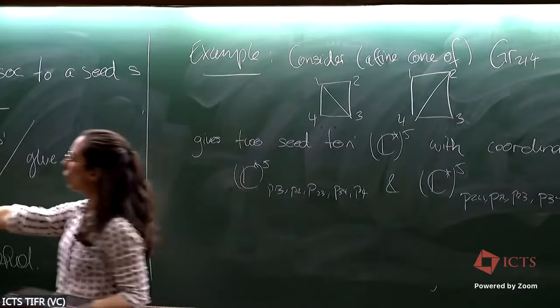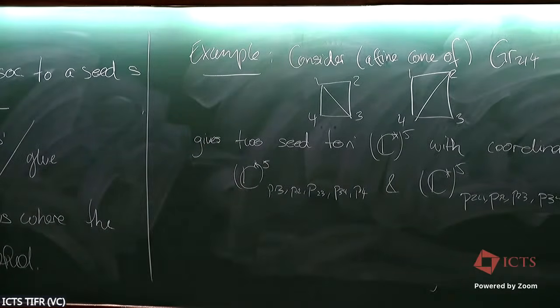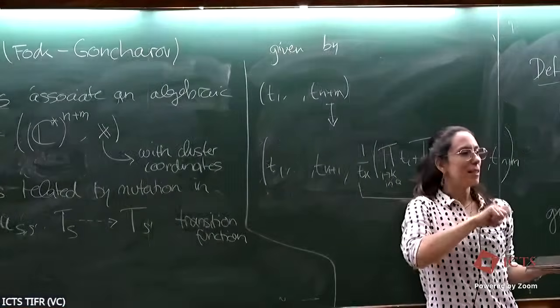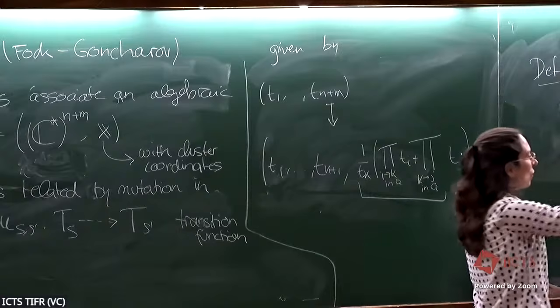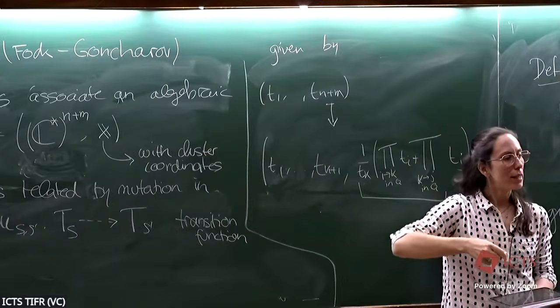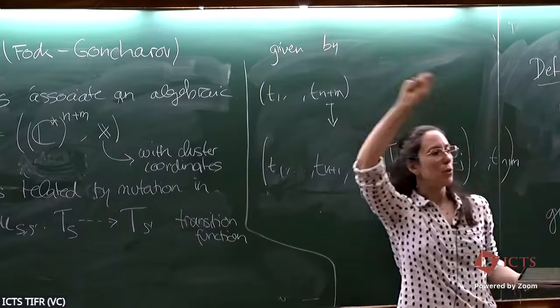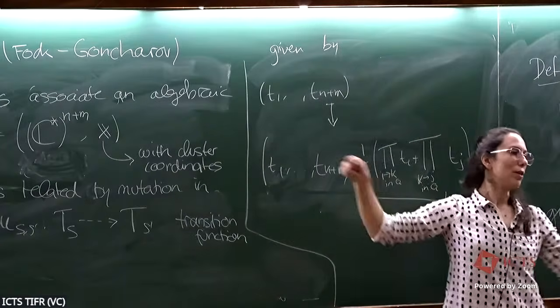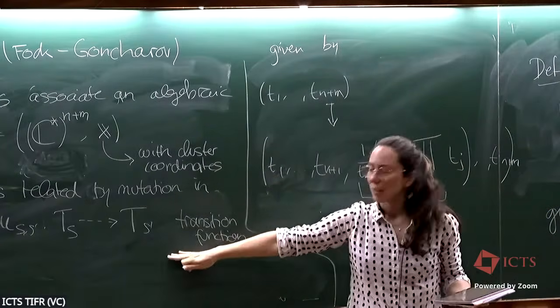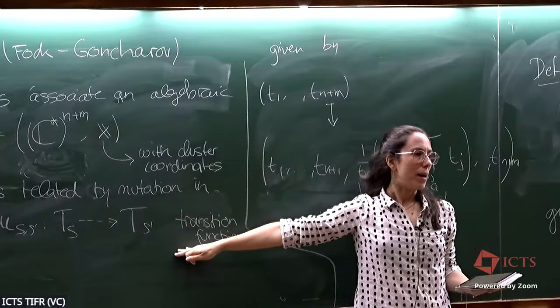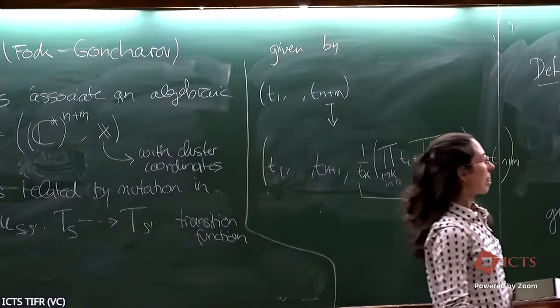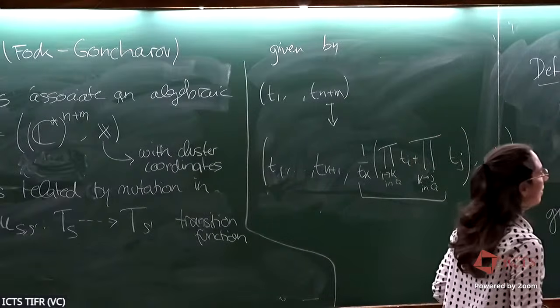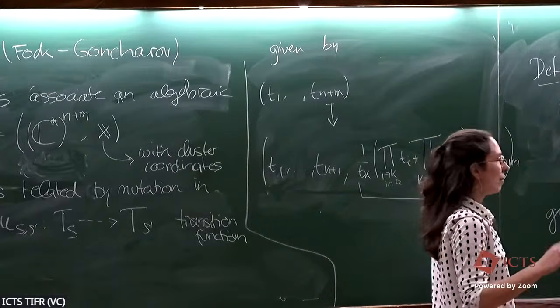And I told you only the transition maps between two that are adjacent seed tori. So in this definition kind of behind, I have to consider all the sequences of mutations that would connect any two different seed tori, and consider those maps as well. Yeah, so it gets a bit abstract in infinite type.